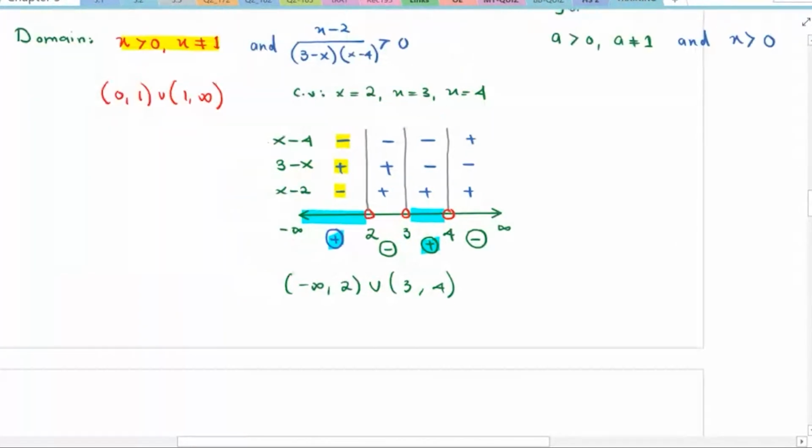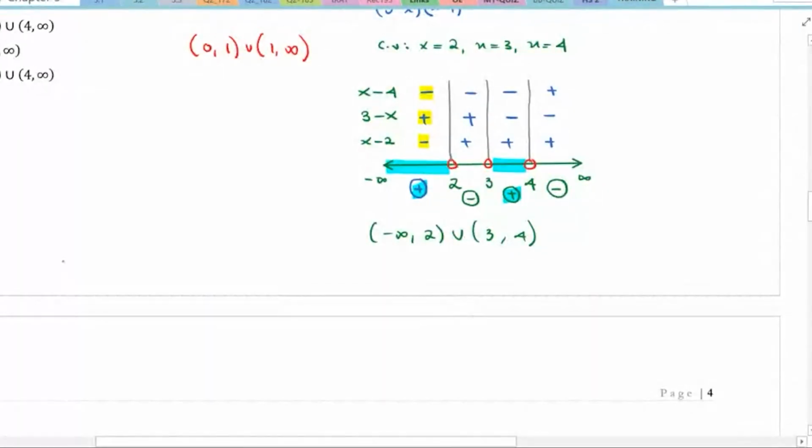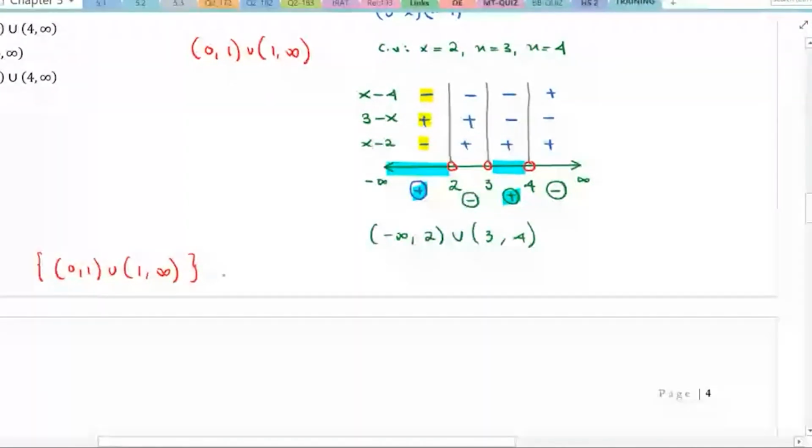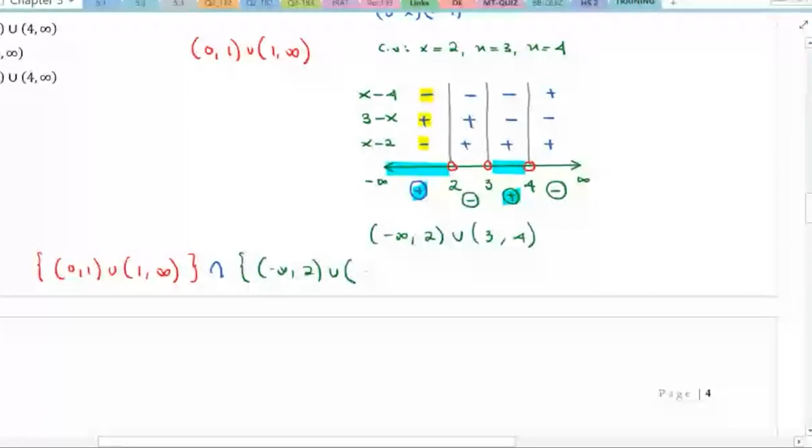Now, what do we do, gentlemen? We have "and" here. If you remember in 001, when we were talking about sets, when we say "and," it means intersection. So now we are going to take the intersection of the two answers. The first set, 0 to 1, union 1 to infinity, and then take the intersection with the second set, from minus infinity to 2, union from 3 to 4.